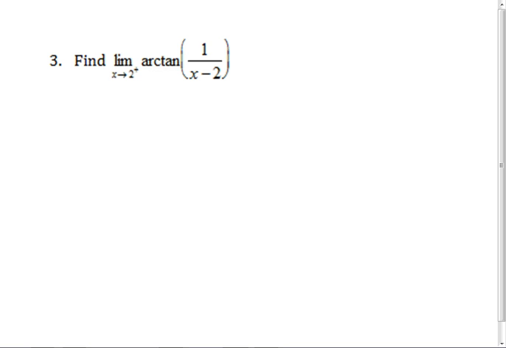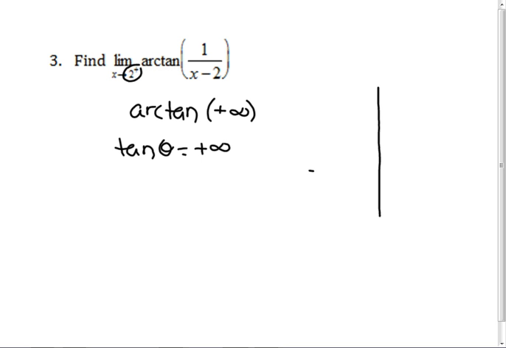If I put in 2 from the right side, it's 1 divided by 0, so it's either going to be positive infinity or negative, but it's coming in from the right side. So it's positive infinity, which means that the tangent of my angle is positive infinity. And remember that my values have to be between pi over 2 and minus pi over 2.